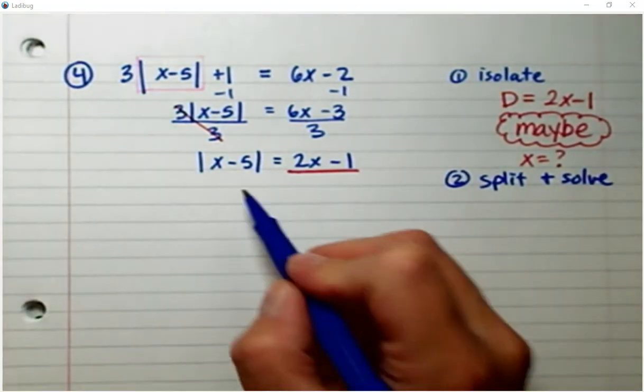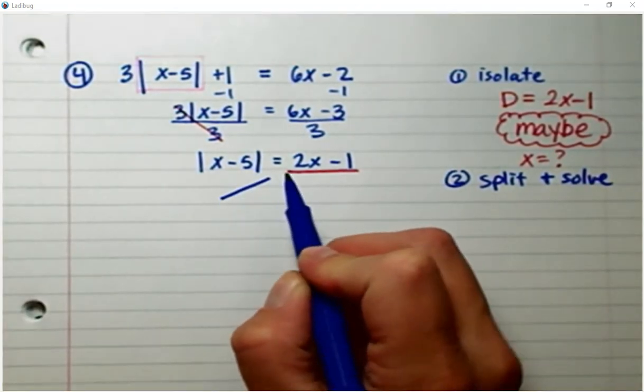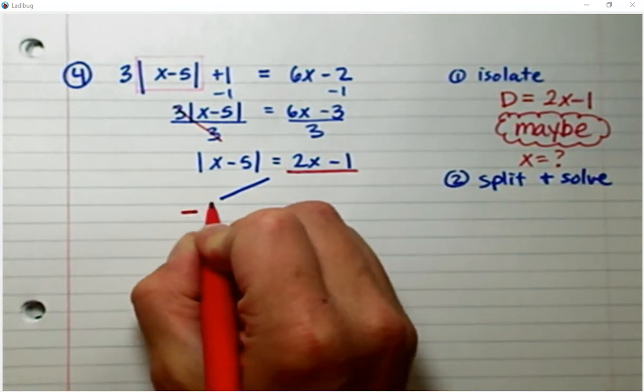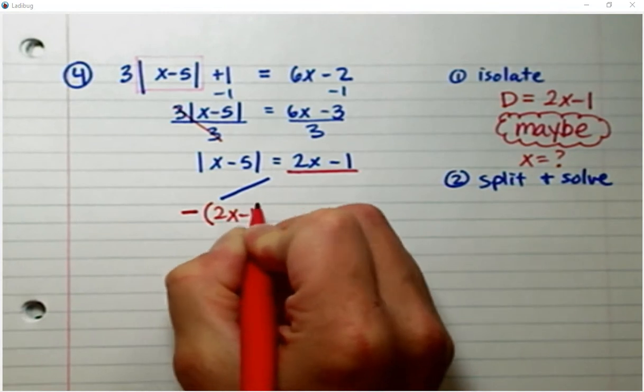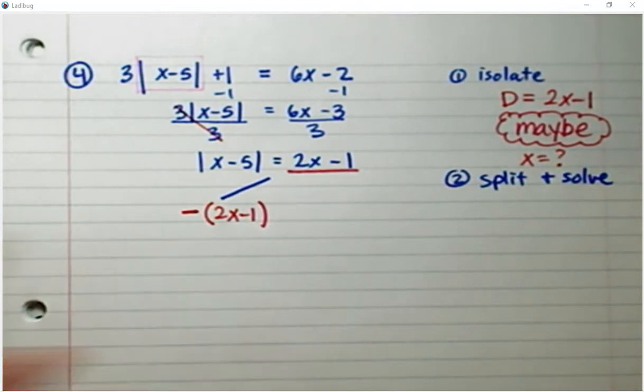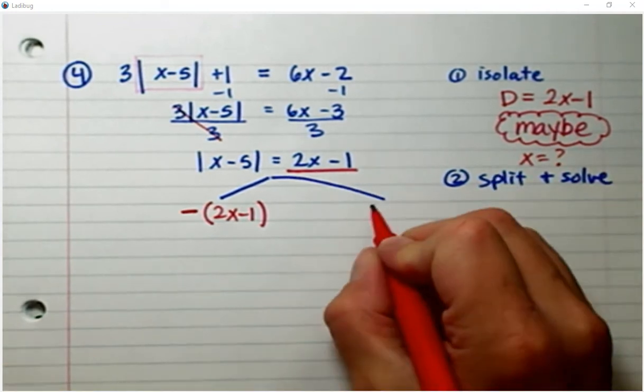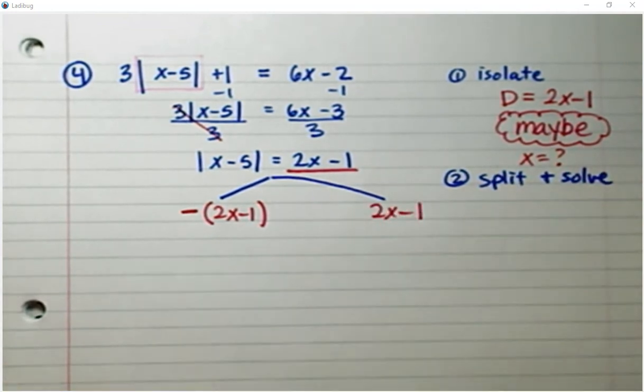When I split this apart, I'm going to end up with the negative side, and then I get the positive side. The positive side is exactly the same.